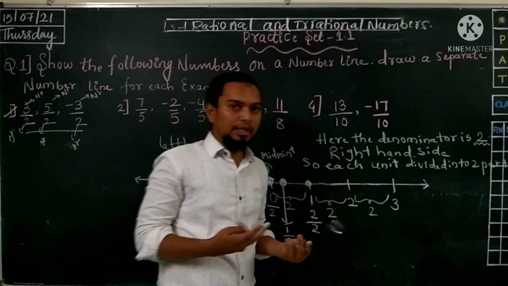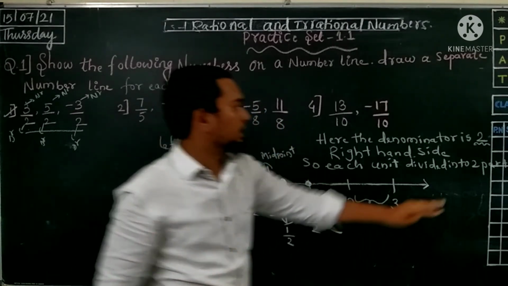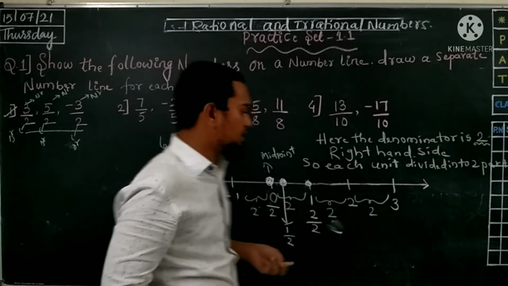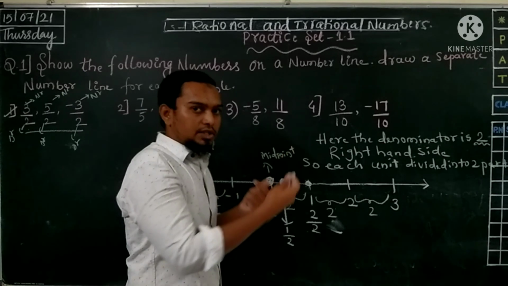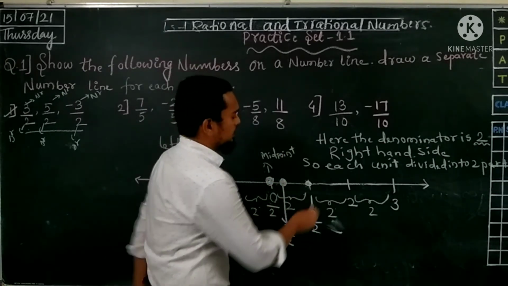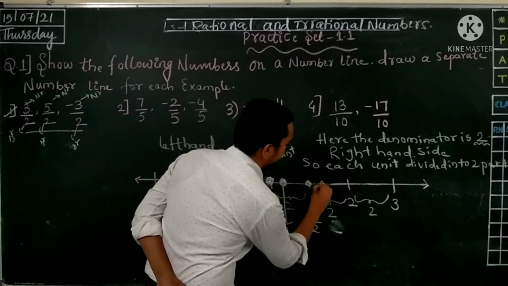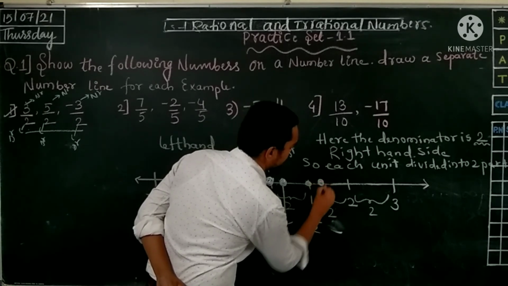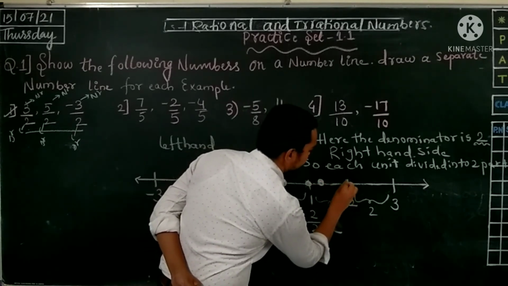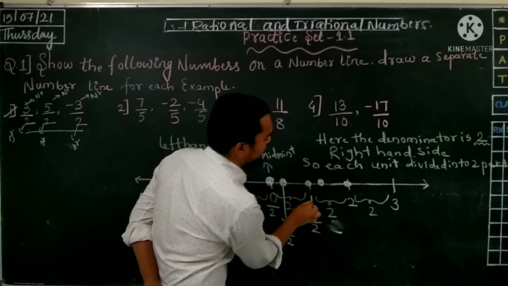The difference between 1 to 2 is also 2 units. Now we will mark points on this number line. This is the first unit, this is the second unit. We will mark 1.